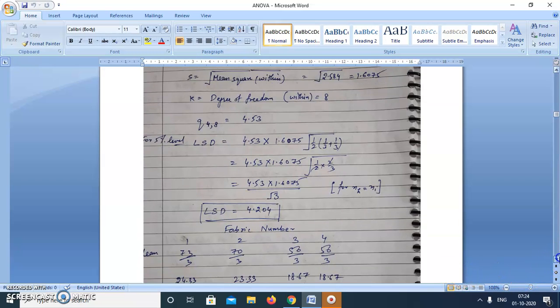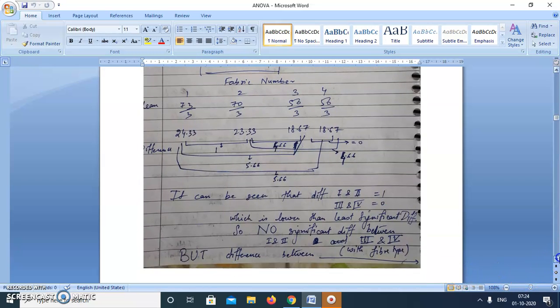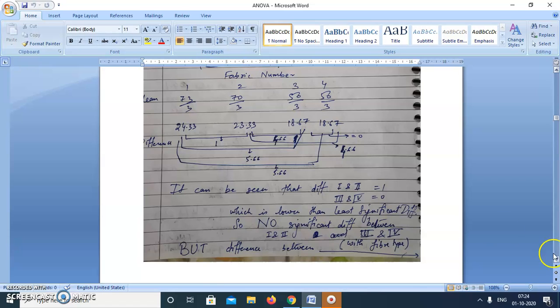Now what we'll do is, we'll just calculate the difference between all the fabric means. Suppose these are the fabric means, fabric 1, 2, 3, 4, and these are the differences between 1 and 2, 1 and 3, 2 and 3, and all combinations are shown here, and all the differences are shown here. So it can be easily seen that the difference between 1 and 2 is 1, and between 3 and 4 is 0, which is lower than this least significant difference.